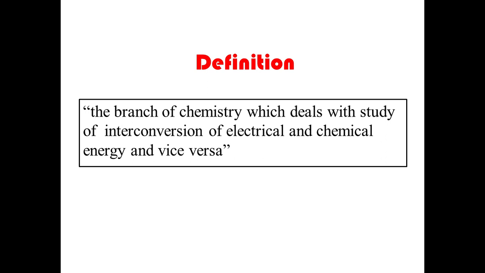See the definition of electrochemistry: the branch of chemistry which deals with the study of interconversion of electrical and chemical energy and vice versa. That means chemical energy may convert into electrical energy.